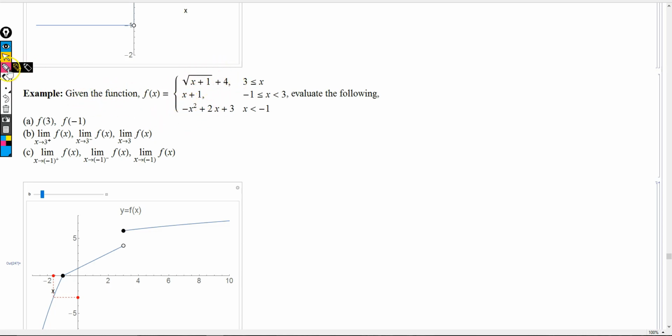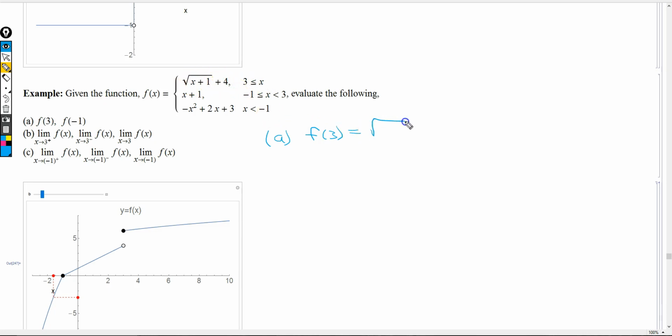All right, so let's do part A first. And by the way, I recommend that you pause the video and try this one on your own. So assuming you've done that, let's take a look at part A. Well, looking back up here, you see when x is equal to 3, I'm supposed to use this piece of the function.